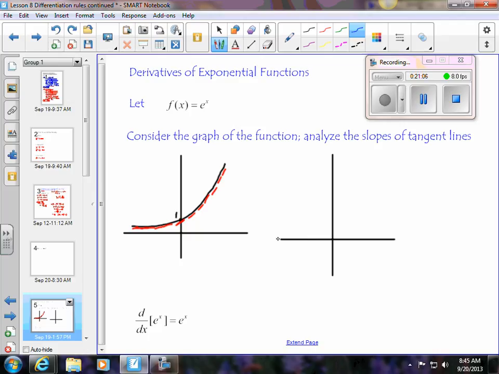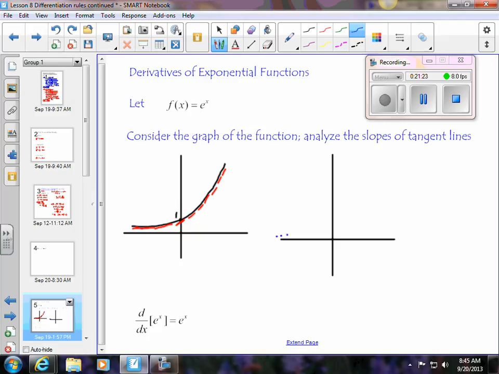When x is way over here, would it look like what? Exactly. Excellent, Travis. If we were to plot all of those slopes, over here the slope is almost 0.